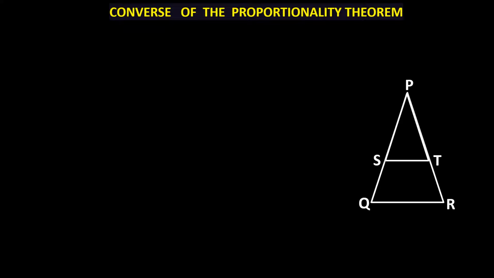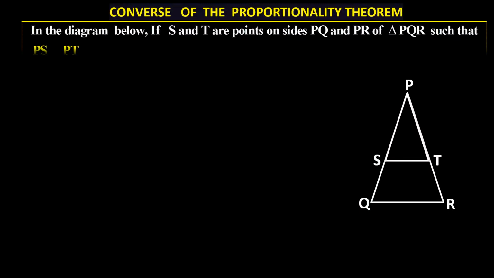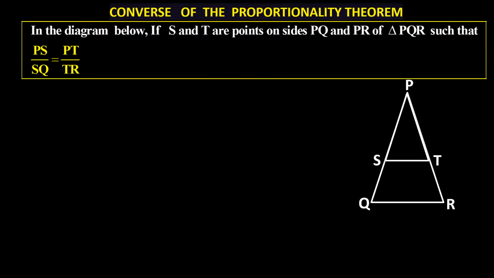Now let us consider the converse of the proportionality theorem. We have a triangle PQR with points S and T respectively on sides PQ and PR, such that PS over SQ is equal to PT over TR.